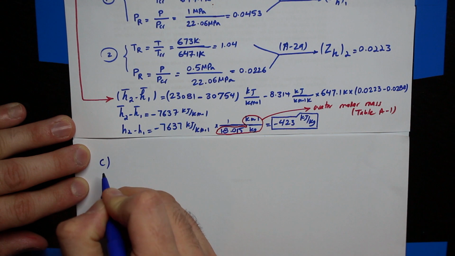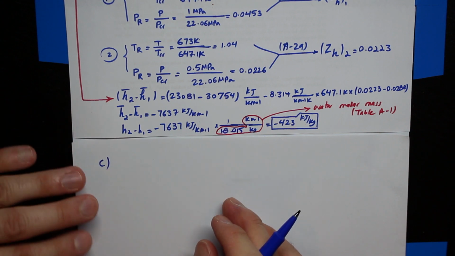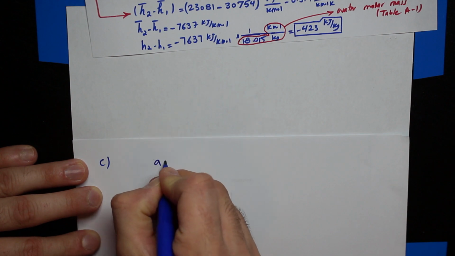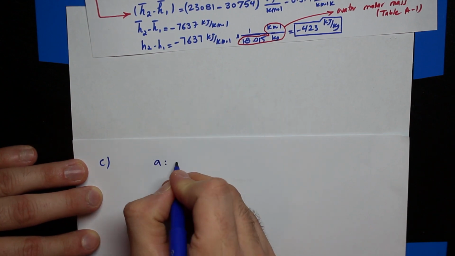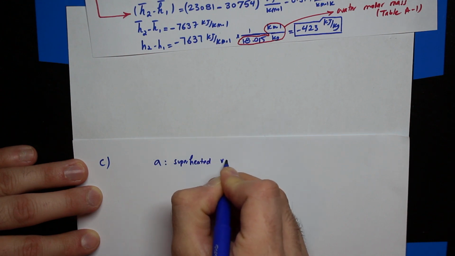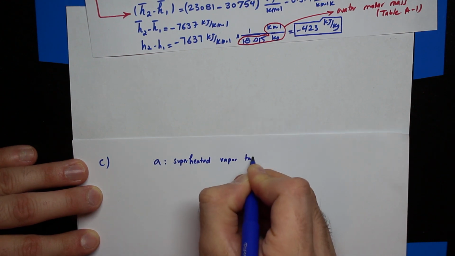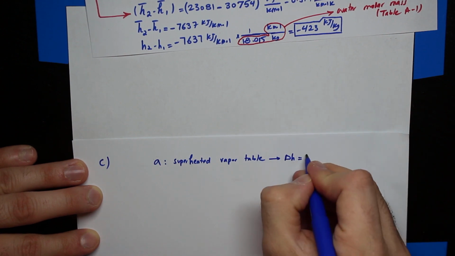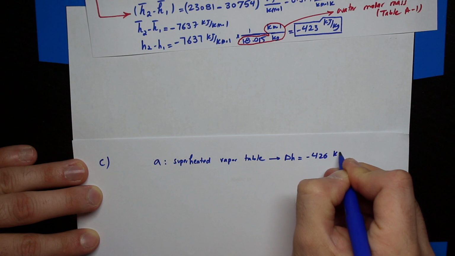So part C is asking for a comparison between A and B. I would say, let me just write down, in part A, we use the superheated vapor table, and that gave me dH equal to negative 426 kilojoule per kilogram.